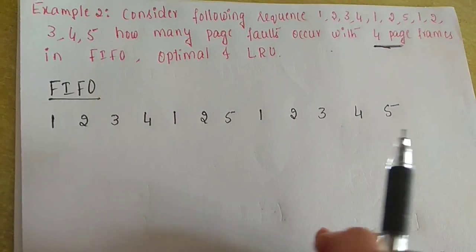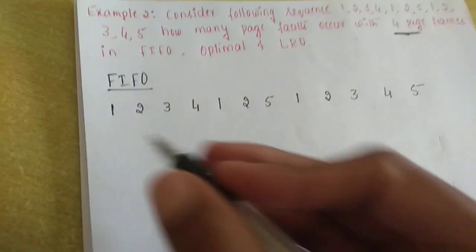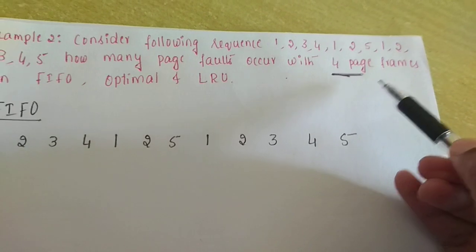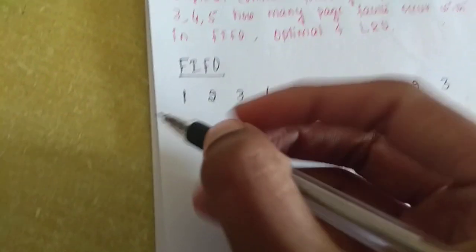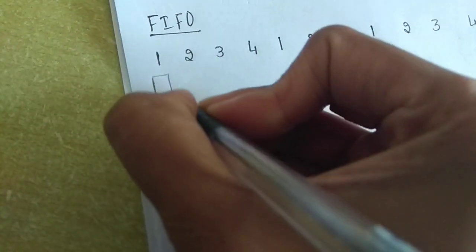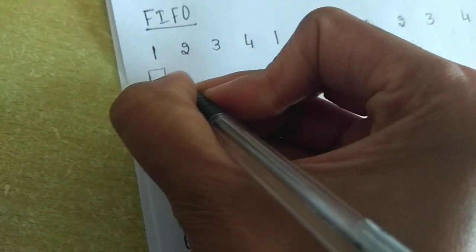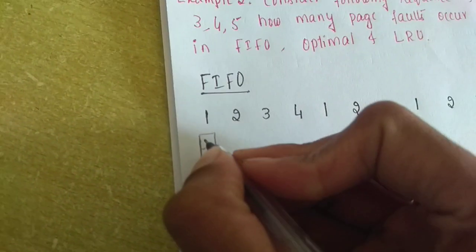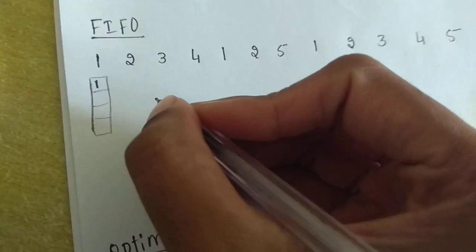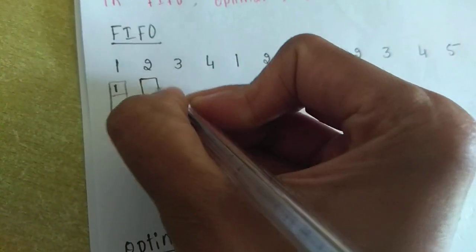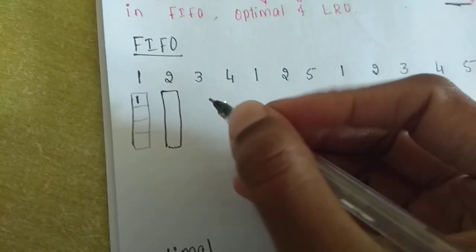I have written the reference string with enough spaces. Since it is 4 page frames, you need to take 4 boxes. Here you can fill the first element 1. Until you fill all the frames, there is no need of applying any algorithm.